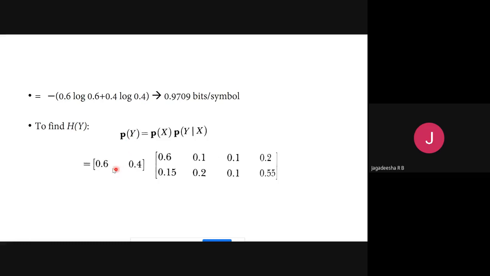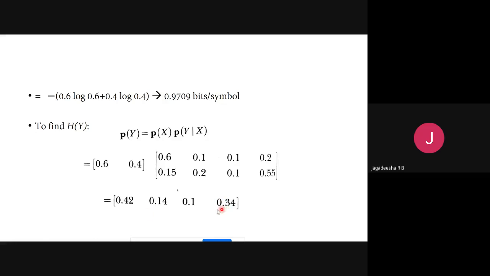So this is the probability of the input, and this is the channel matrix that we have found using the diagram given. Then we can find it easily by the multiplication of these two matrices, P of y. There are 4 values here because the output has 4 points, y1, y2, y3, and y4.